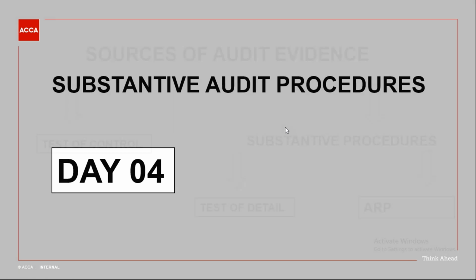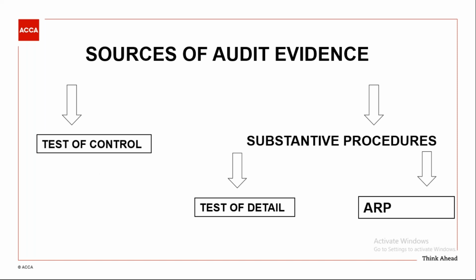The first point I want to mention, which I also touched on yesterday, is that substantive procedure is something the auditor performs after test of control. An audit firm normally performs test of control first, and then subsequently performs substantive procedures.